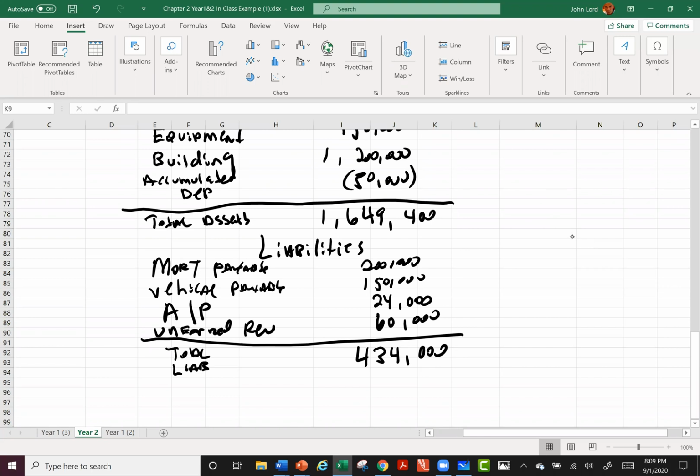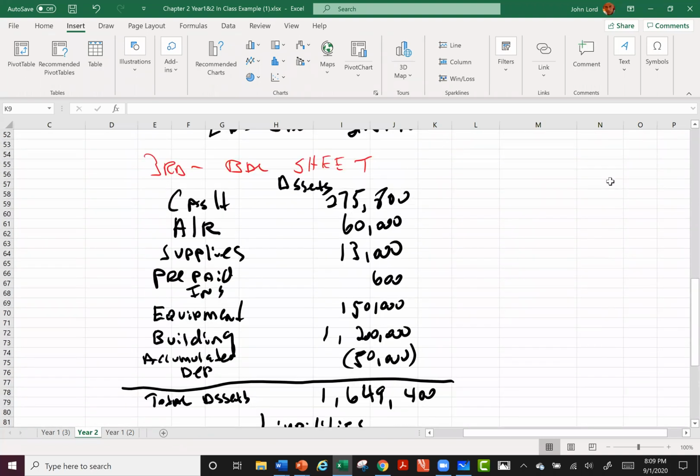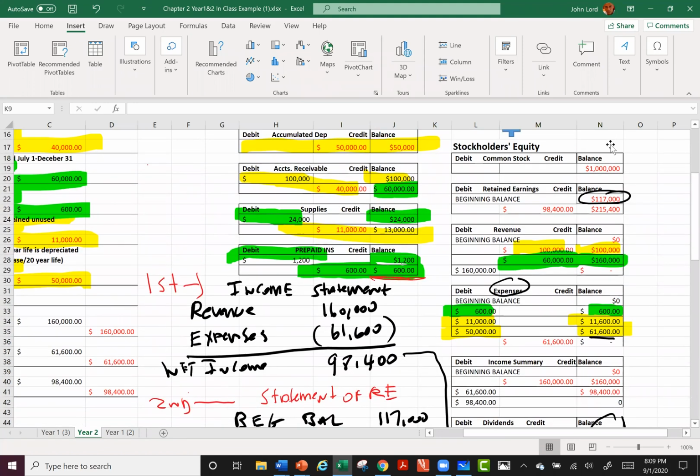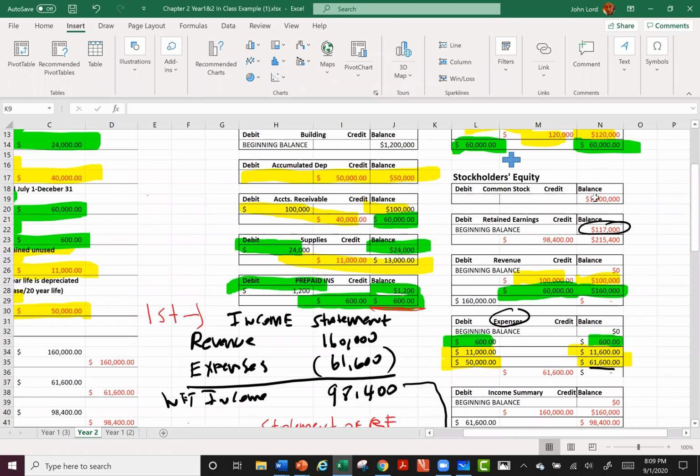Now I can do my stockholders' equity. SHE is how we abbreviate stockholders' equity. And I come over and I have common stock still of 1 million, right? Haven't issued any more stock. It's that original amount I issued. That's still what's outstanding.